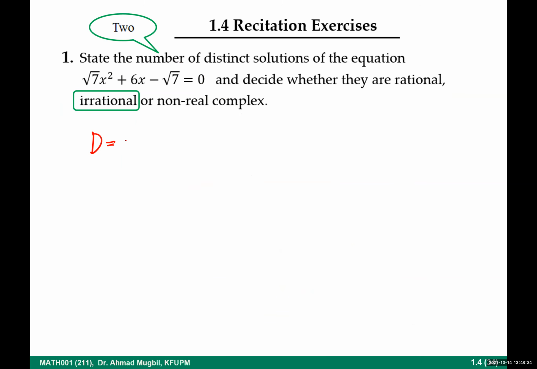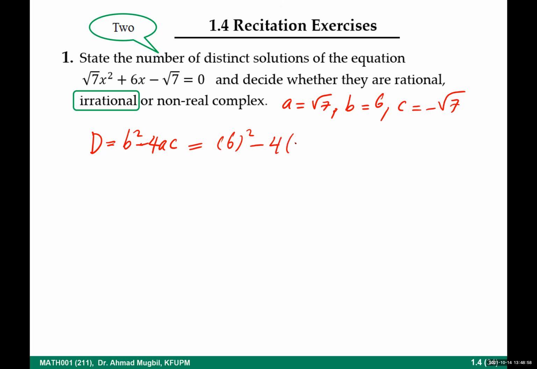D is b squared minus 4ac. So you need to see what is a. A is square root of 7. What is b? 6. What is c? Negative square root of 7. D will be what? B squared minus 4ac. So it is 6 all squared minus 4 times a times negative square root of 7, which is c.